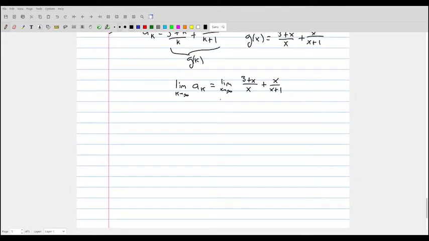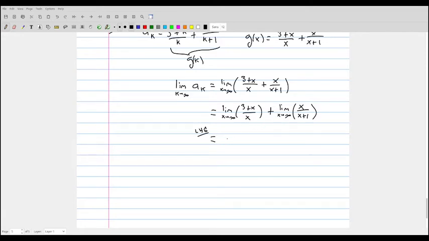And we know that this limit can be evaluated by applying our limit laws. First, the sum limit law. And then we can use what's called L'Hopital's rule to evaluate the limit of both of these two functions.